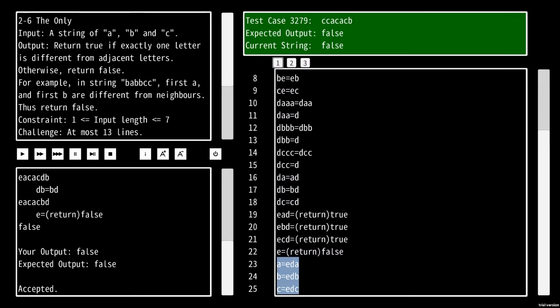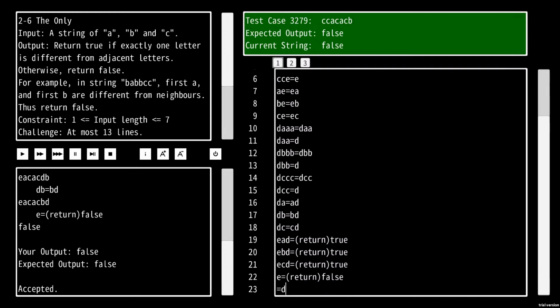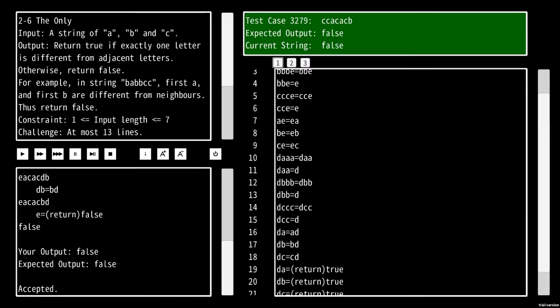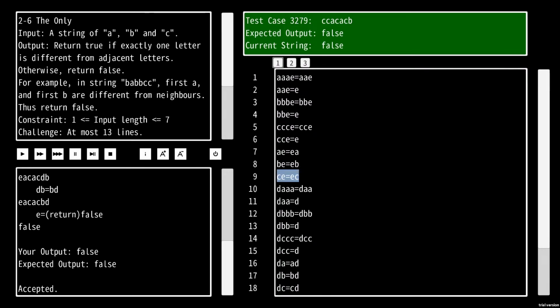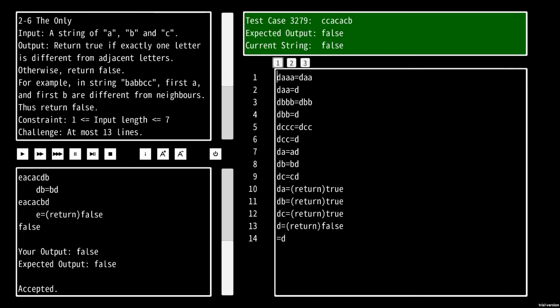Wait. Okay, this can just be equals D. And now, I forgot, you can just do this. And then D starts on the left. I can get rid of all the C stuff. That's 14 still.